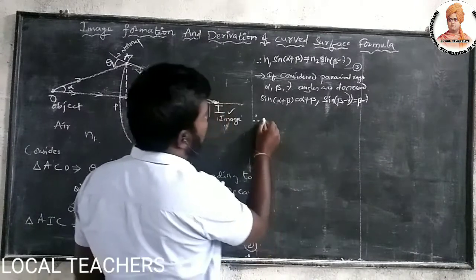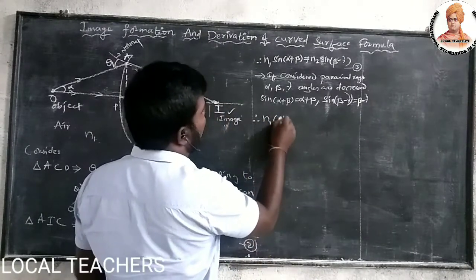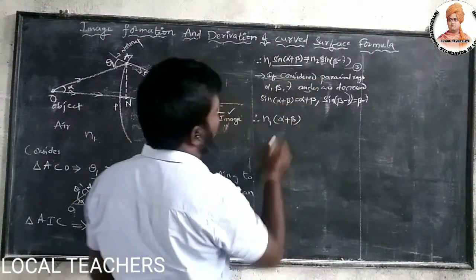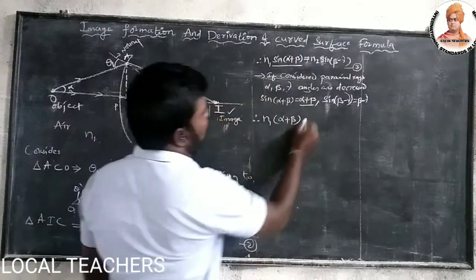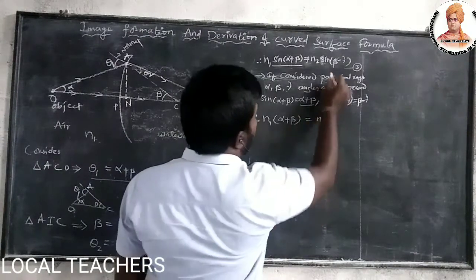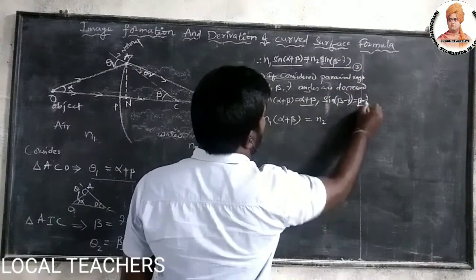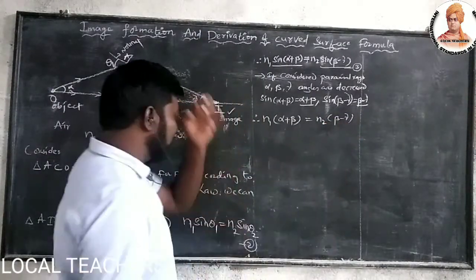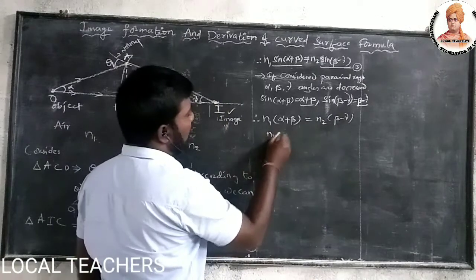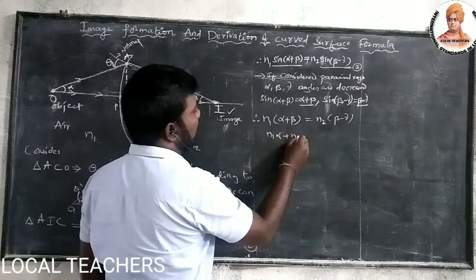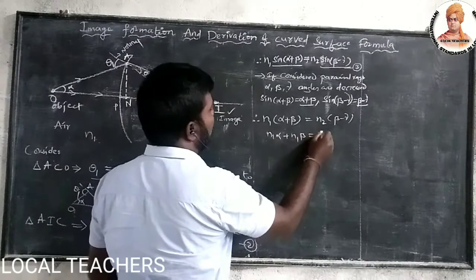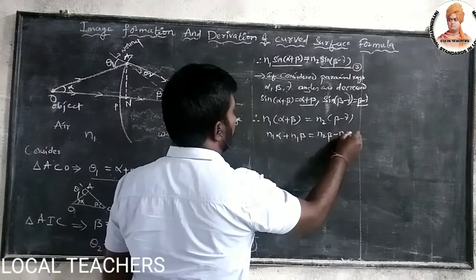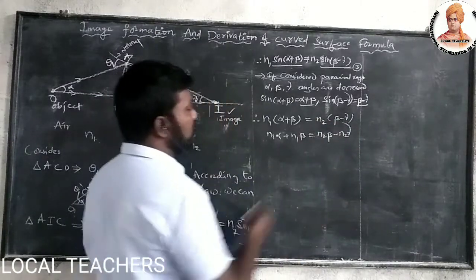Therefore I can write equation 3 as n1 into (alpha plus beta). Why? Because sin(alpha plus beta) will become alpha plus beta, that equals n2 into sin(beta minus gamma), which will become beta minus gamma. Just multiply: n1 alpha plus n1 beta equals n2 beta minus n2 gamma. So in this, which is common?